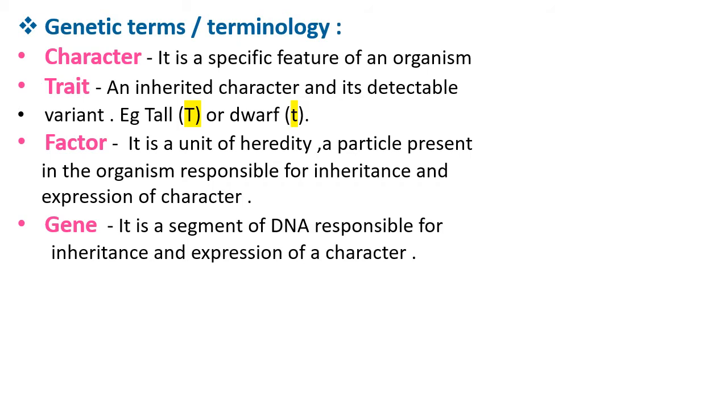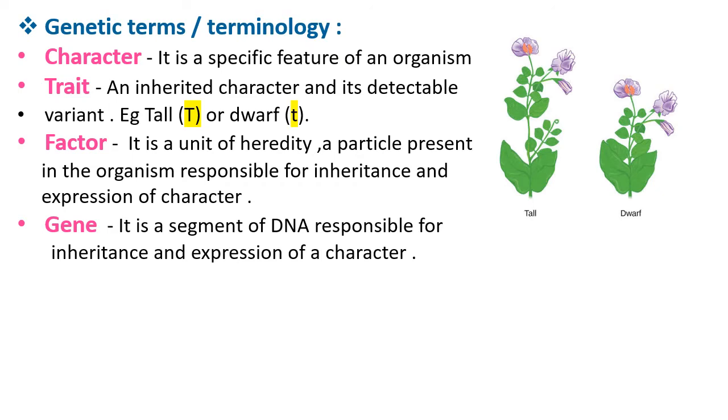Example, in the diagram we see two different traits, that is tall pea plant. Tall pea plant is represented by capital T. So the tall pea plant has the factors or genes, capital T, while the second diagram shows a dwarf pea plant, represented by small t.